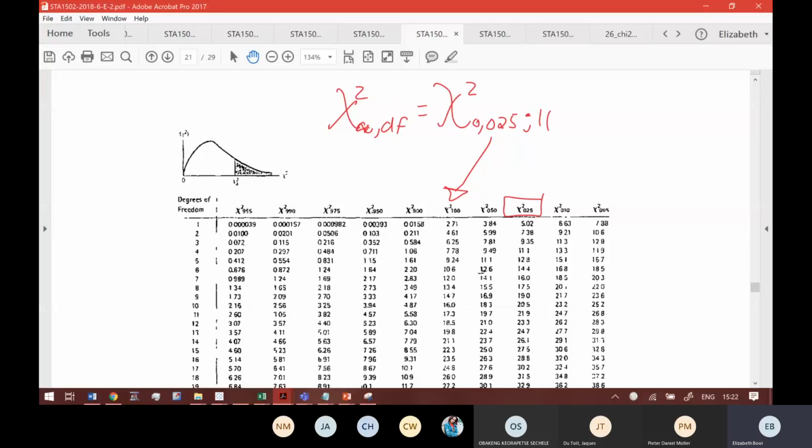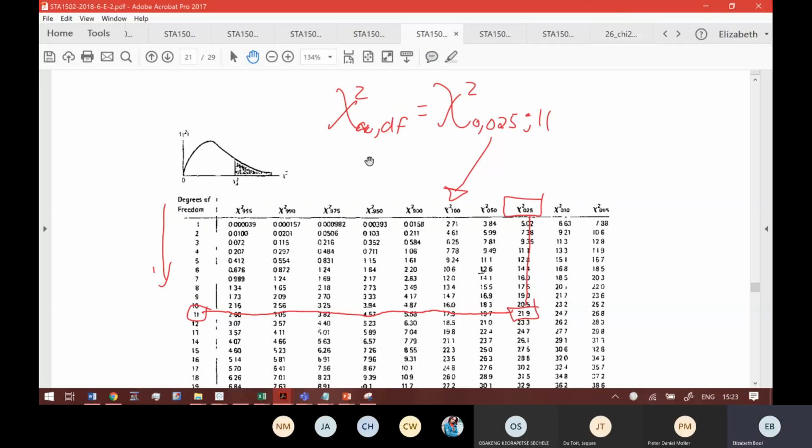And we're going to look for our degrees of freedom on this side, our degrees of freedom of 11. And where both of them meet, that is our critical value. At that point, our critical value is 21.9.